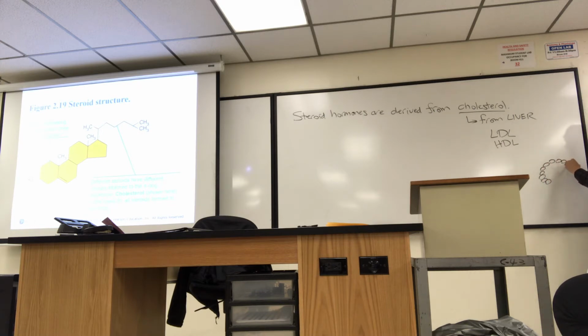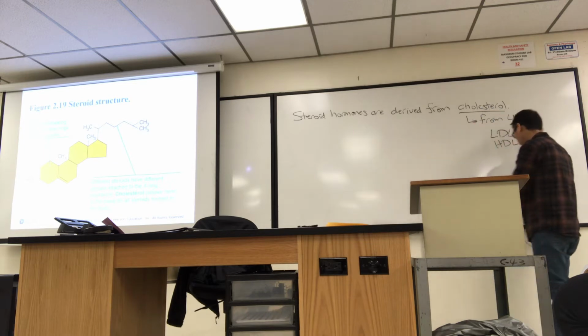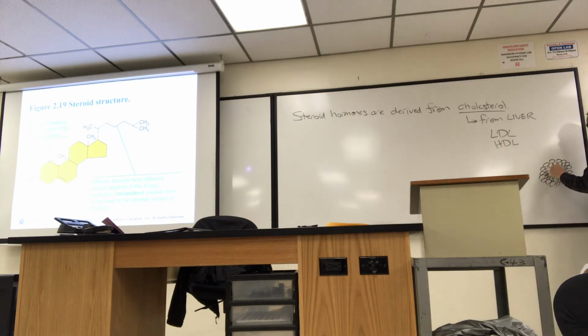I'm going to put the phosphate heads facing out and the tails face in. And in the lipid core, you would have things like these steroids, these little ring structures. So I'll draw a little ring structure in there. I'll draw some triglycerides. Okay, the point is that's how the body compensates for lipids not being water soluble, so you can transport them around.